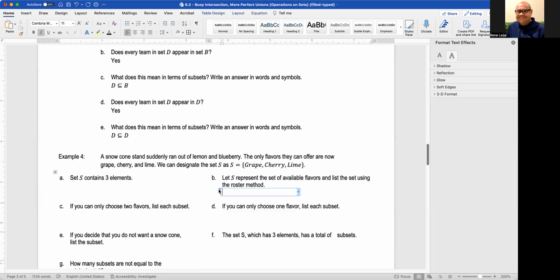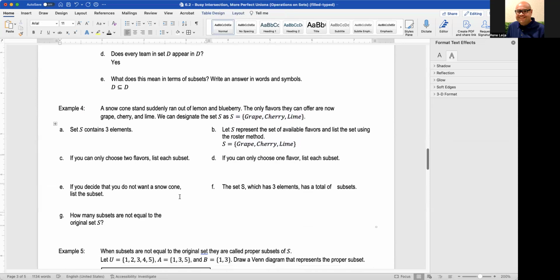And then part B says, let S represent the set of available flavors and list the set using the roster method. So I'll let you pause. Okay, so we can say that S is exactly what we just did. It's those three flavors.